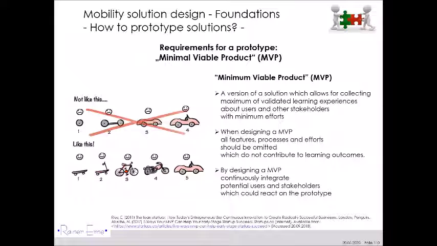And this is also indicated by the term viability, that the user says, okay, this is a kind of solution which really addresses problems I have. And it should only show the key features which are of value to the user and nothing else, because everything else is just confusing to the user.